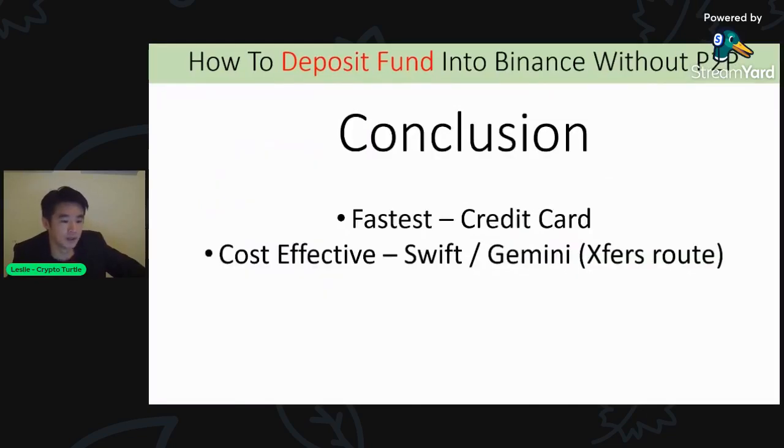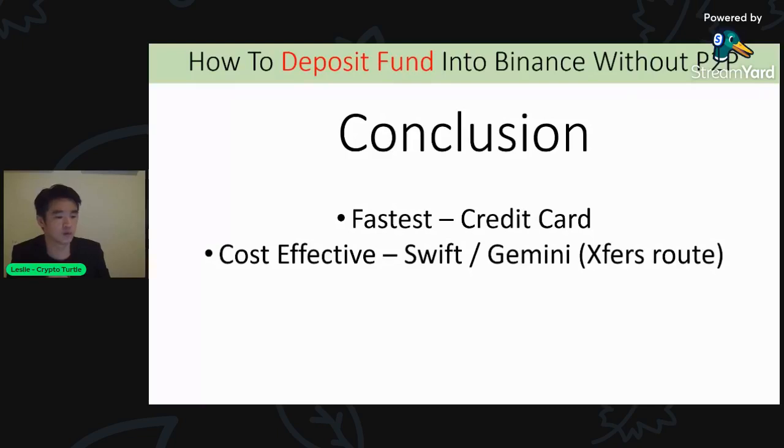So, conclusion. The fastest will be, in fact, credit card. Within minutes, you will get your funds into the Binance account, because it's just like buying things online. It's straight away. But of course, the fee will be slightly higher, and possibly also some fee from the bank side as well.